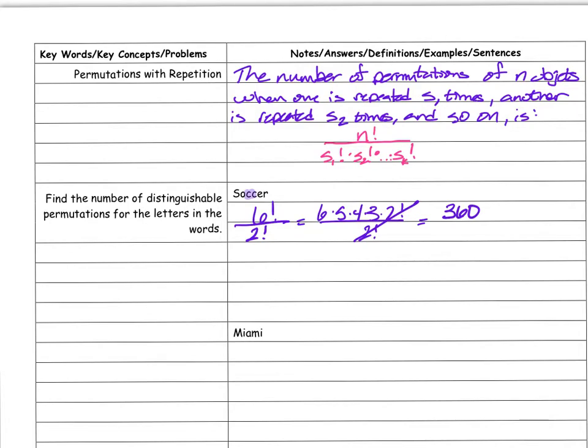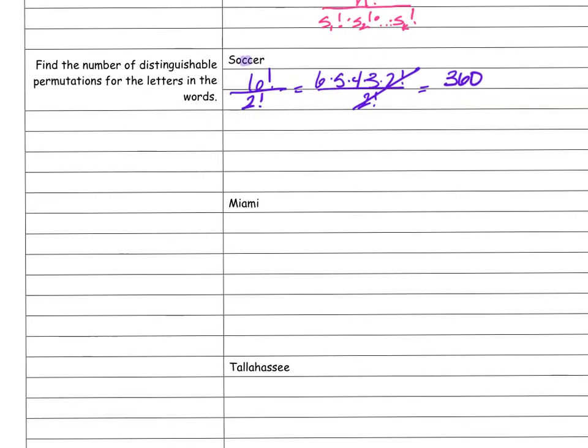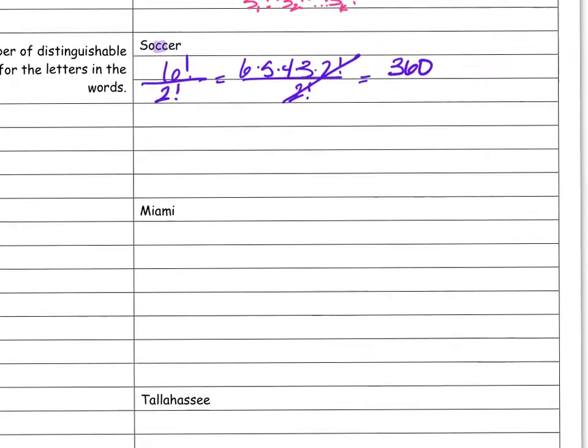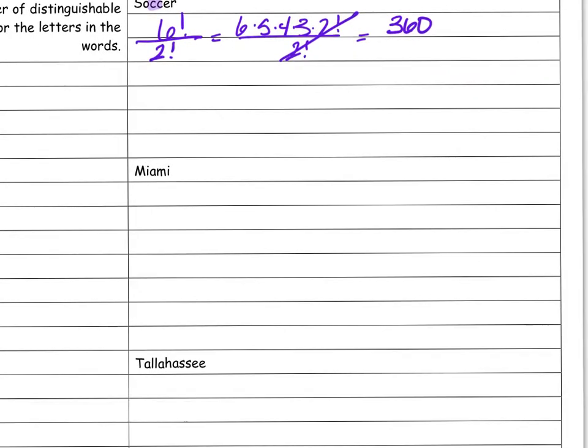So now we're going to go to a different word, the word Miami. I'm going to just slide over and zoom in. Again, how many letters are in the word Miami? Well, there's 5, so the top is 5 factorial. Then I'm going to count how many letters are repeated.